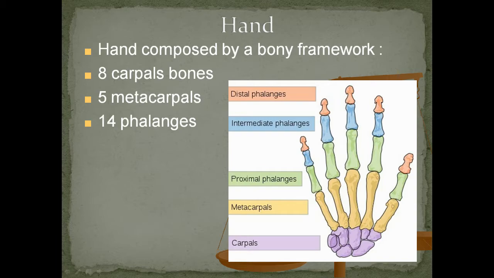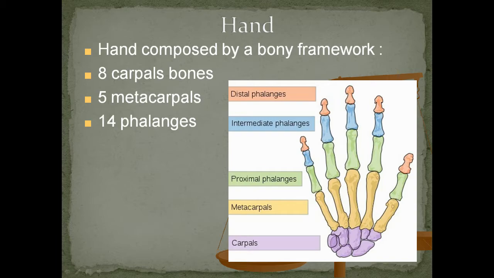The hand is composed of a bony framework. We can see the thumb and all the fingers are composed of bone, and all of this constitutes the framework of the hand. There are 8 carpal bones, 5 metacarpals, and 14 phalanges.